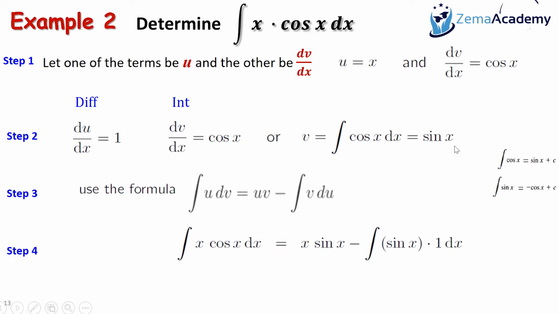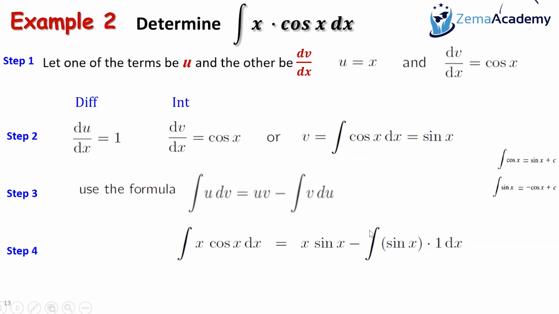I got my answer over here, sin x. Minus integral v is sin x, and what is du? du is dx, because I've taken this dx on this side. So du is equal to 1 times dx, which is over here. I hope this is clear.